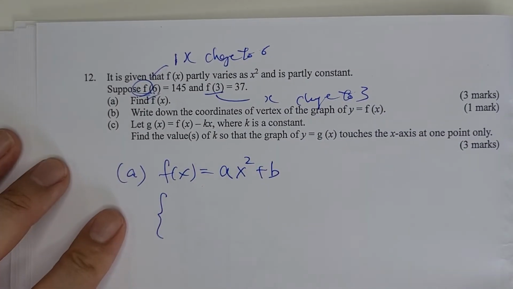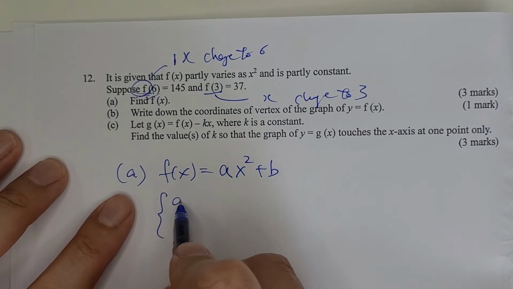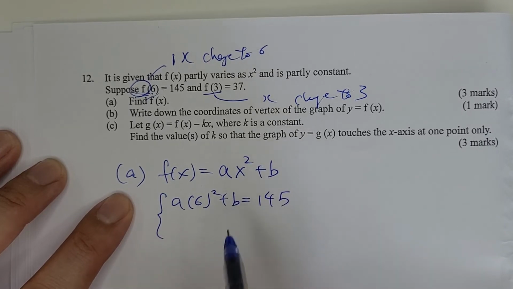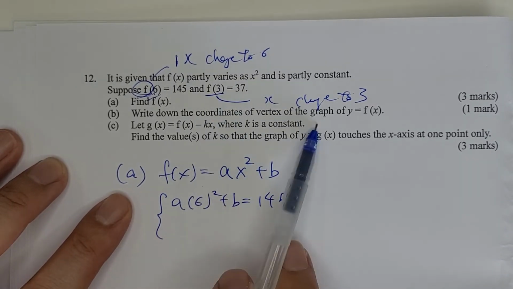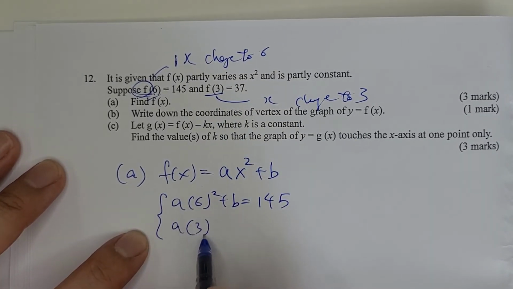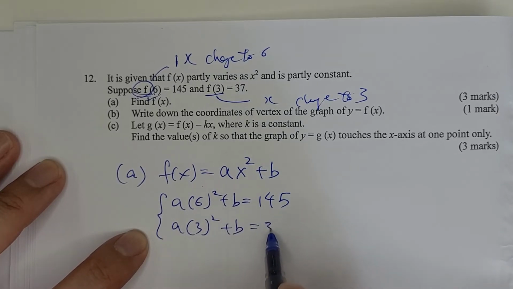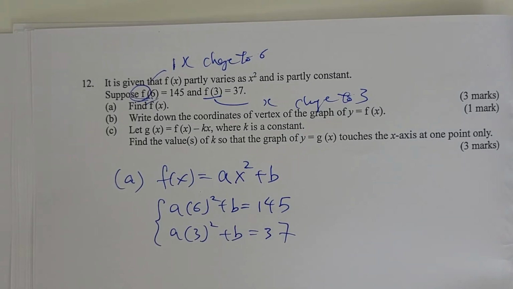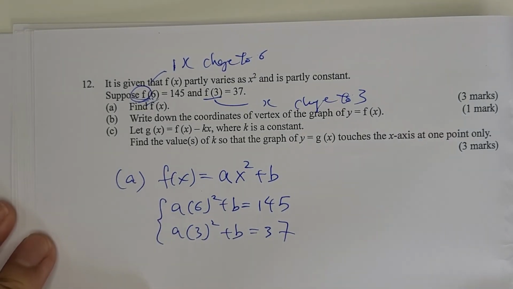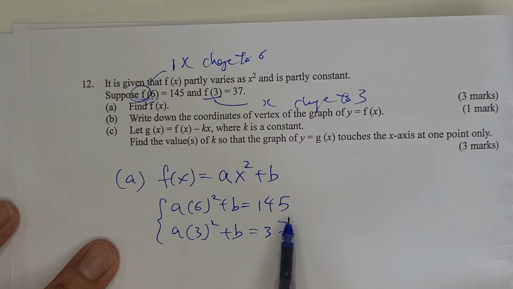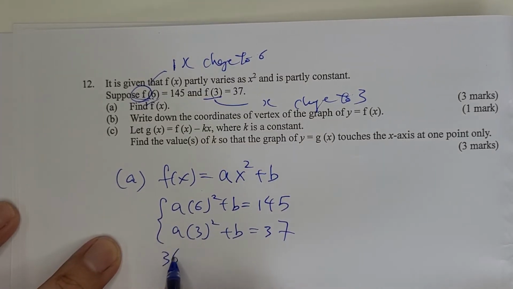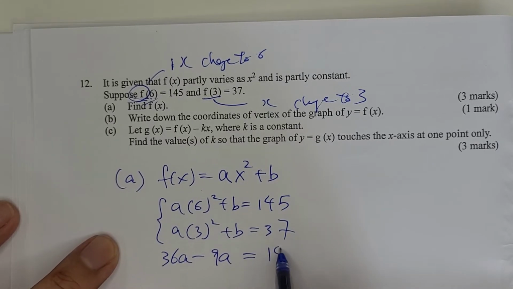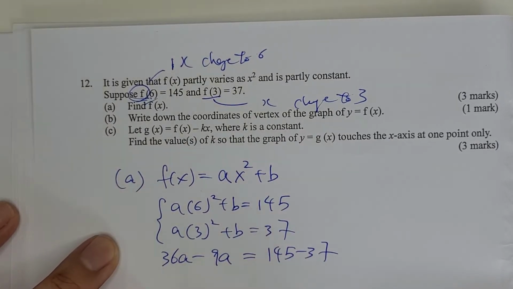So x changing to 6 will be 145. And here, when x changes to 3, it will become 37. Okay, so that's the equation you should set up. And take the difference of the two equations. So that is 36a minus 9a, which equals 145 minus 37.